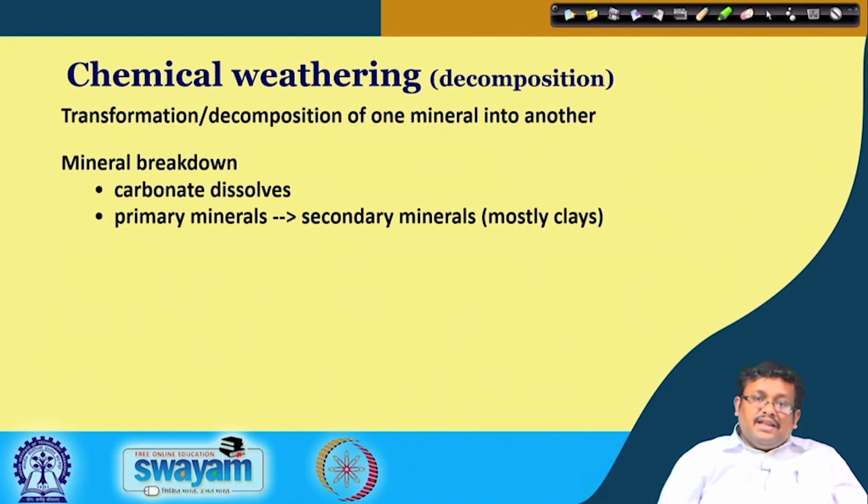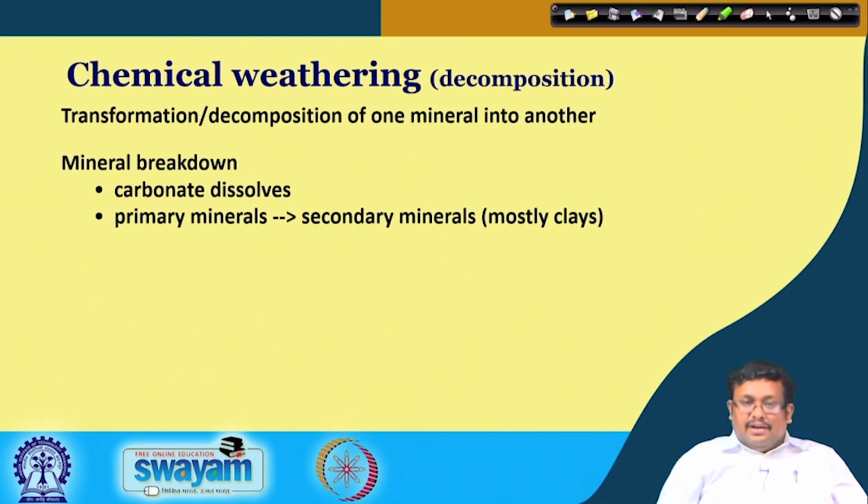Just remember that the most predominant primary mineral on the earth's surface is quartz, followed by feldspars, and these quartz and feldspars can basically be found in the sand and silt fractions. That is why sand and silt are chemically inert in nature, because quartz and feldspar are chemically inert.